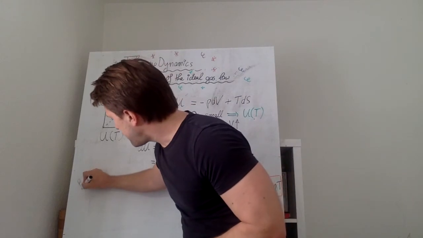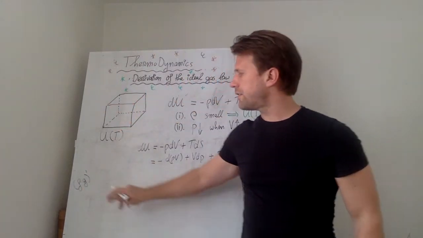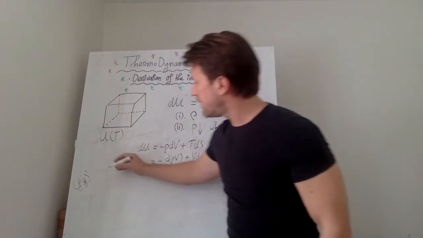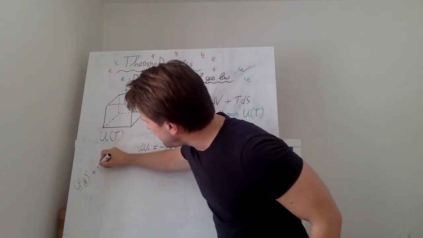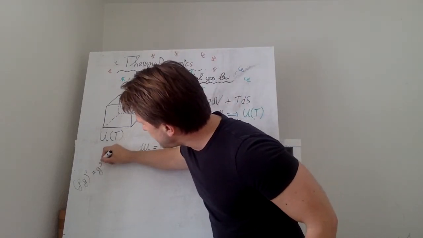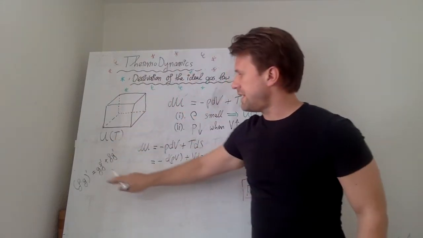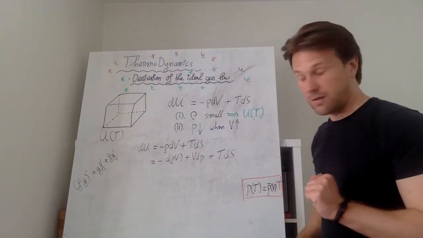Now you might remember from your high school physics or your other courses that if you take the derivative of a product of two functions f and g, the product rule tells you that it's the same as g times the derivative of f plus f times the derivative of g. So that's this.